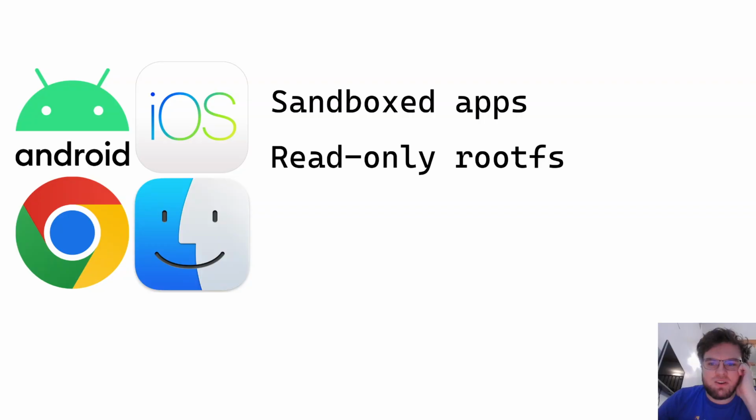Chrome OS is a very minimal operating system, and you don't have root access by default. And on Mac OS, you have to turn off system verification in order to mess with the system files. They have what's called A/B boot.